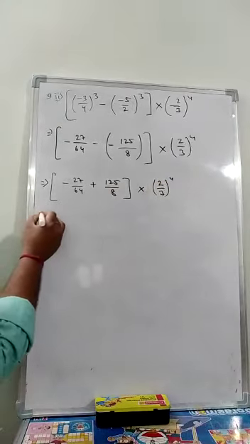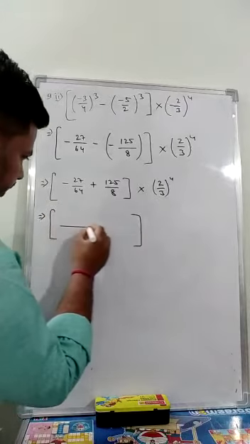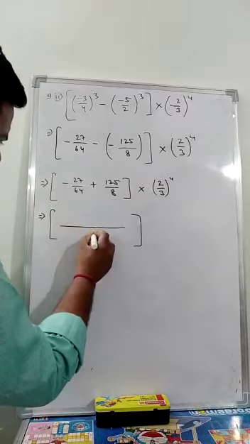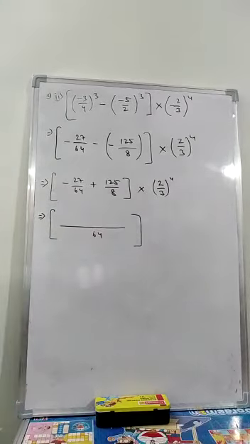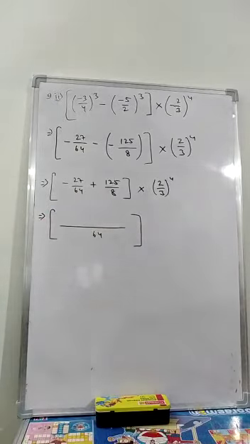Now when I am simplifying this square bracket, the LCM of 64 and 8 will remain 64. You can take out the LCM in rough, you will find that the LCM of 64 and 8 will be 64 only. Here I can't use laws of exponents because there is an addition sign in between.